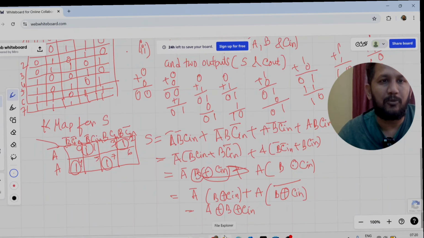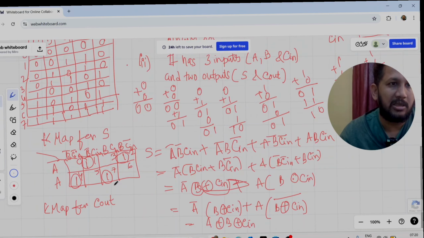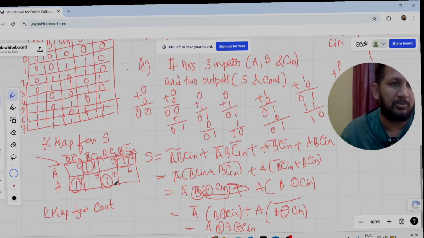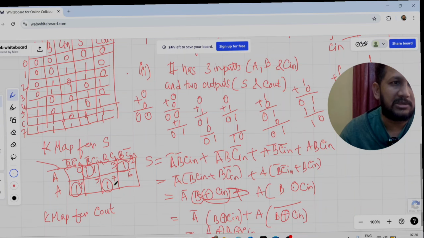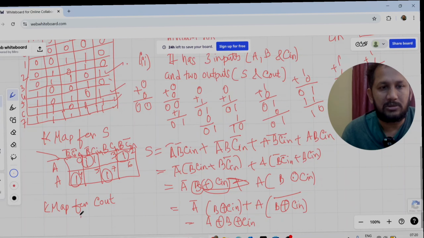Now we need to find the K-map for Cout. Here the position of 1 in Cout is 3, third position, 5th, 6th, 7th. So Cout equals summation of m 3, 5, 6 and 7.